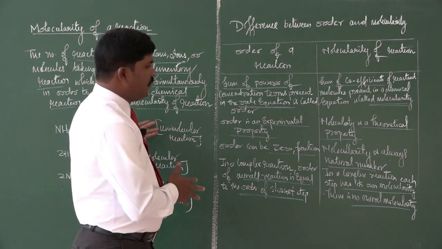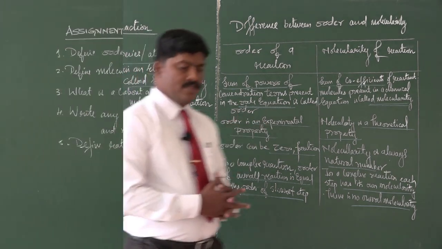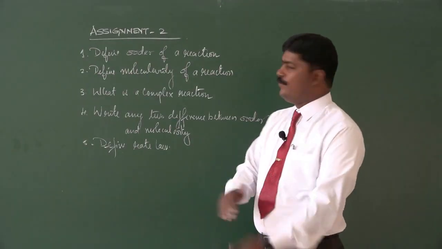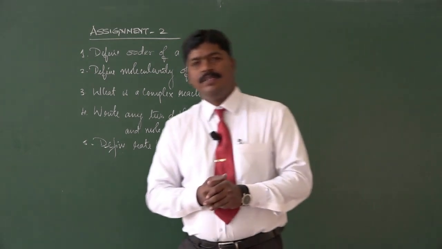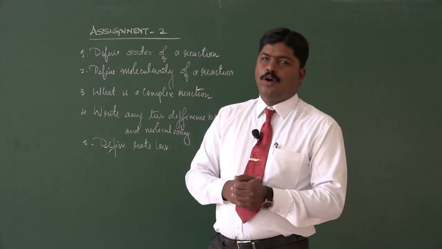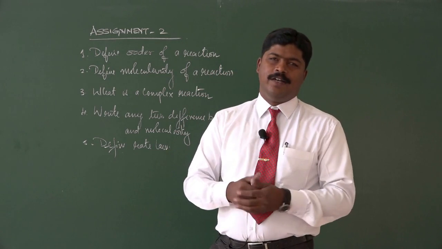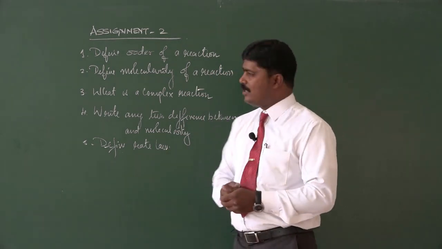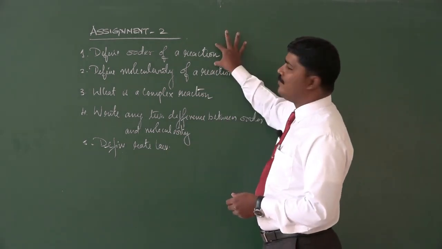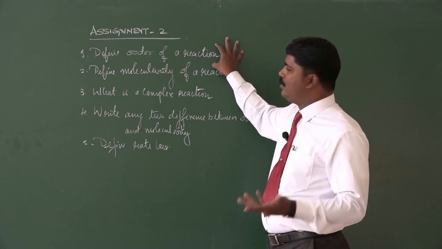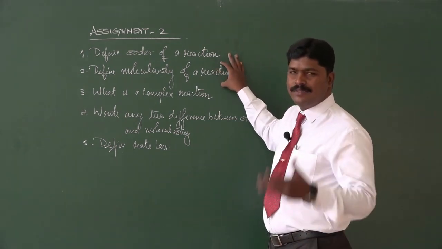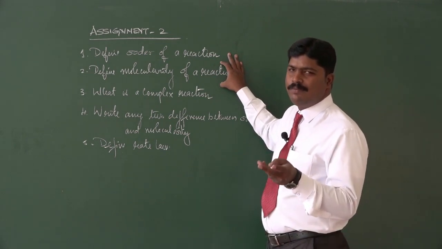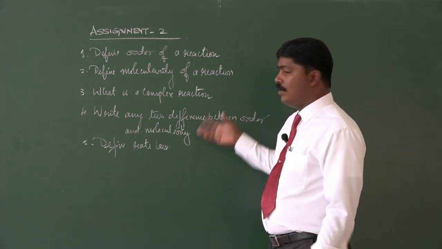We have taken 3 examples here and a difference here. So, coming to session 2, I want to give a few questions which will recreate the memory of the session, what you have seen and heard. Hope you are writing on paper and trying to understand the concept. Define the order of a reaction. I have given a statement for that. Define the molecularity of a reaction. I have given 3 examples: unimolecular, bimolecular, and trimolecular. What is a complex reaction?